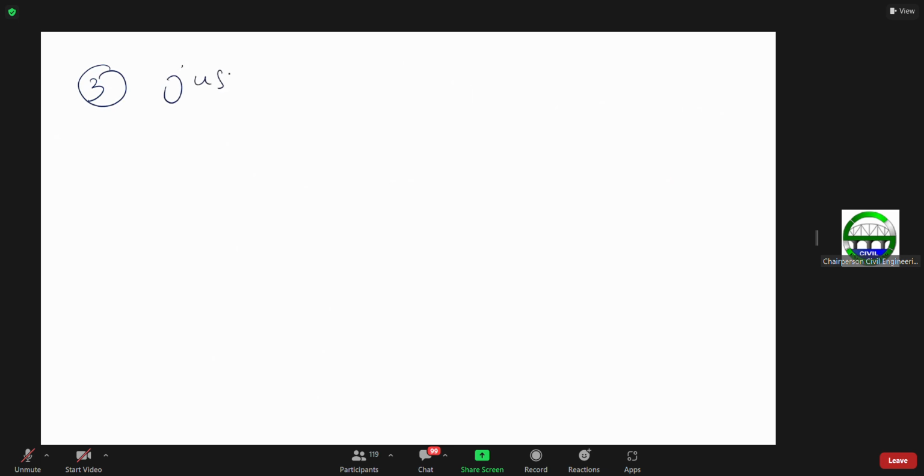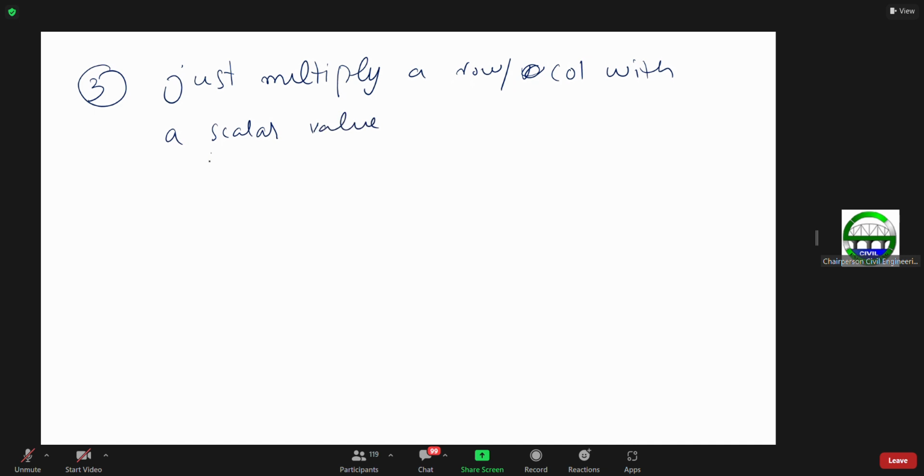Just multiply our row or vector or column with a scalar value. Scalar means non-zero. You can multiply this by k, and k should not be equal to 0.